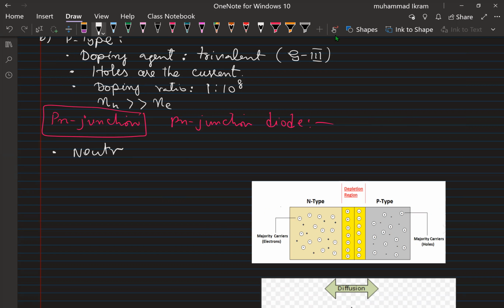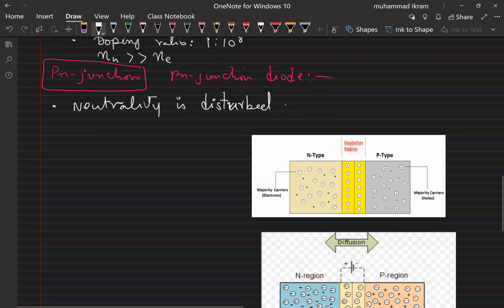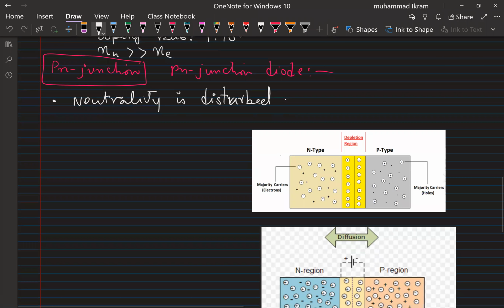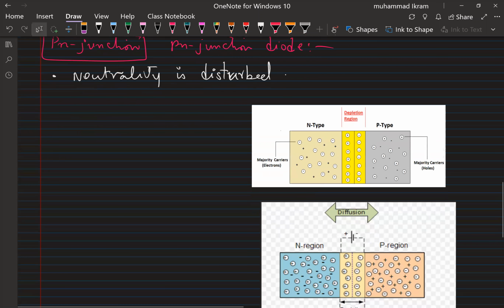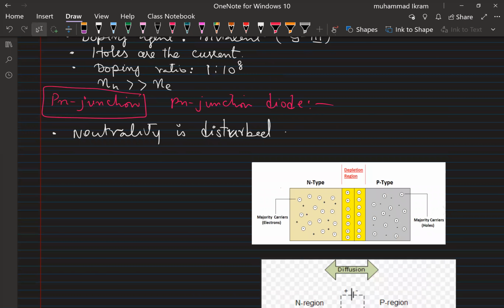So in the PN junction diode, the neutrality is disturbed. And such kinds of substances may be used as two in one, both as a conductor and as an insulator.